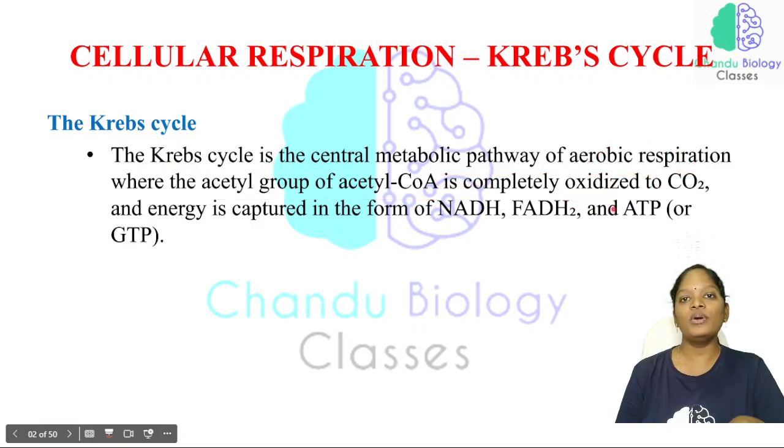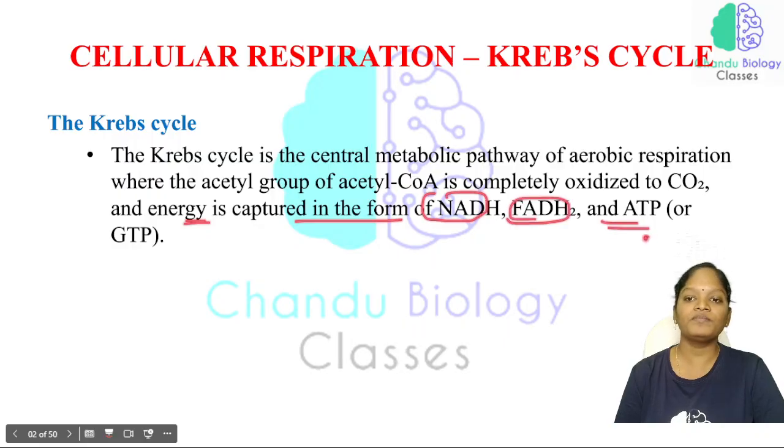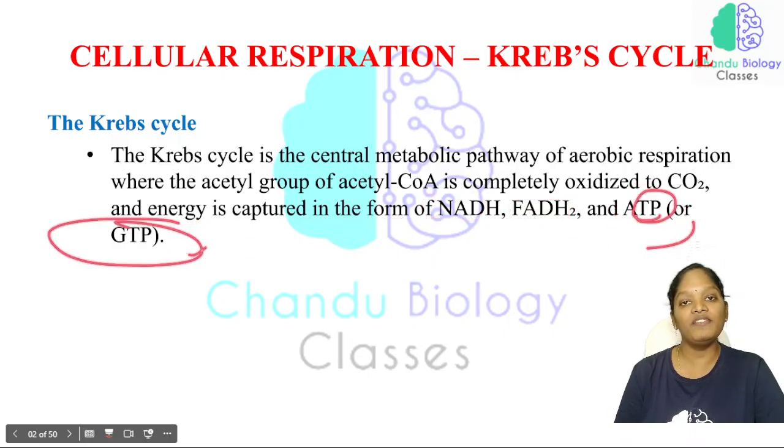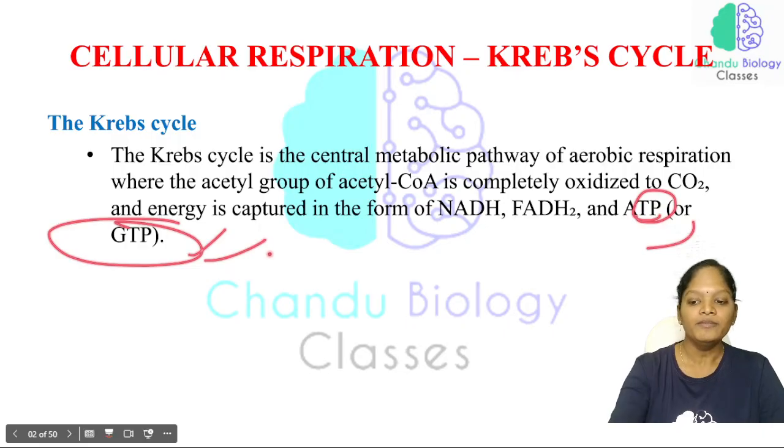A complete oxidation is taking place, that's why we are saying aerobic respiration. And energy is captured in the form of NADH, FADH₂ and ATP. In the Krebs cycle, ATP is not going to be produced, GTP will be produced. We are going to see about that.